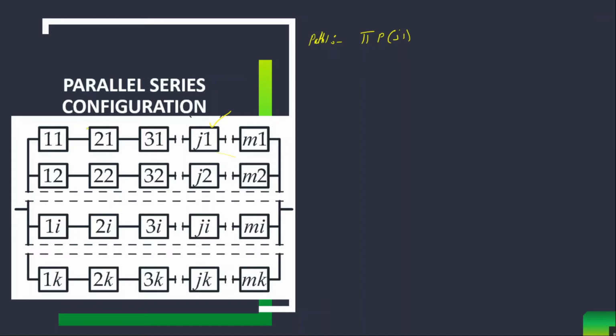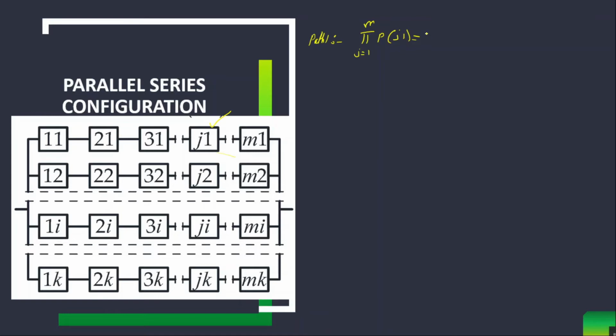So if you are considering all the elements of the first parallel path, the probability of survival of that particular path, path number 1, is the product of j equal to 1 to m, because we have m elements in that path, of p of j1. This one is the probability of survival of the first parallel path.